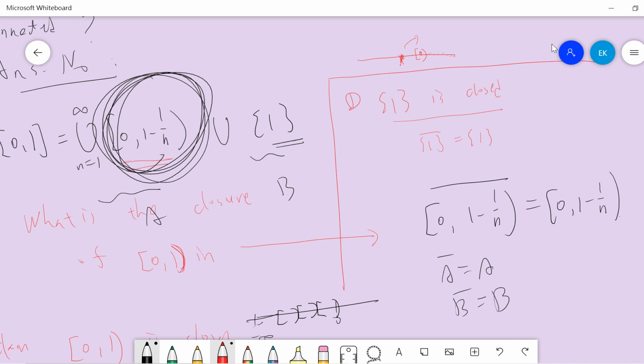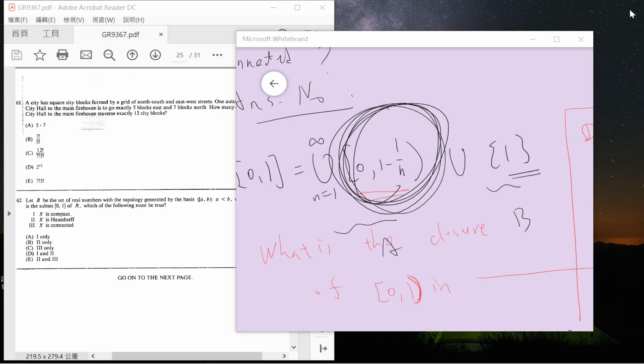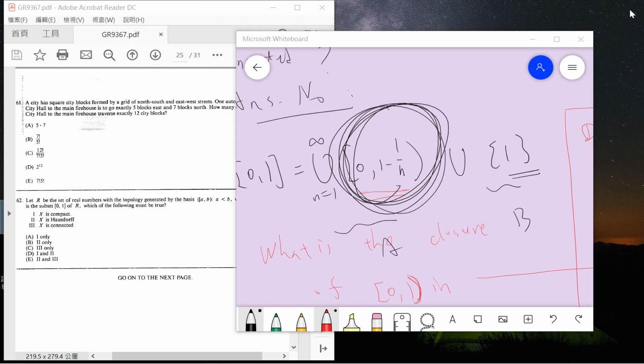So this shows that you can separate the closed interval [0, 1] into two different sets which satisfy the disconnectedness condition. So this tells you that [0, 1] is not connected. So only the second one, Hausdorff, is correct. So the answer is B.